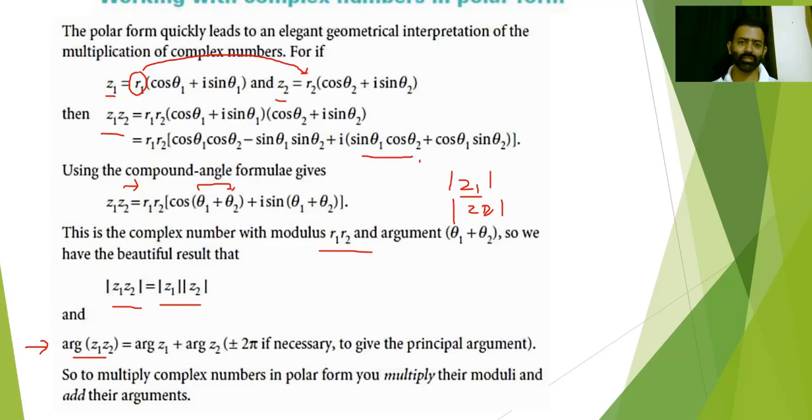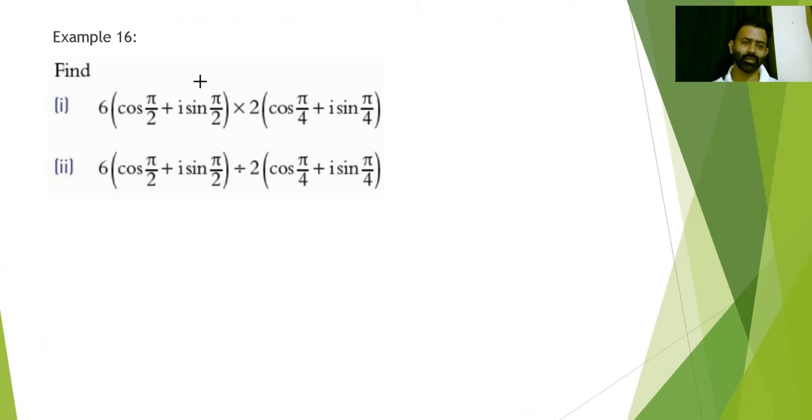Quick examples for this: we have been given two complex numbers, and we need to write down the multiplication of these two. You have to multiply the magnitudes together, so 6 into 2 will be 12, and their arguments will be added because we are multiplying. The argument of complex number 1 is pi by 2, and for complex number 2 is pi by 4.